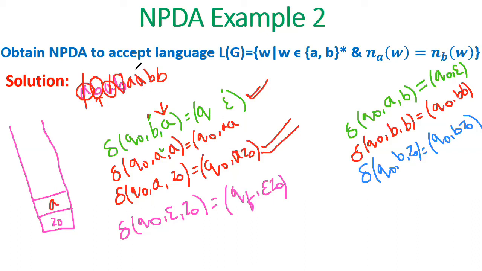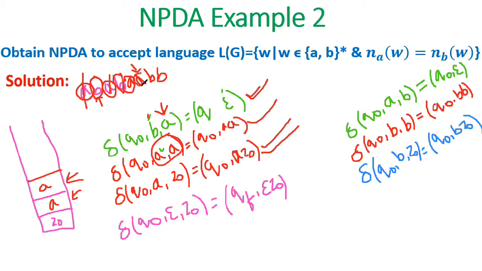Now, you have got one more A here as a new symbol. You will use this particular statement to push one more A onto the stack. You can see that the top of the stack was A and the new symbol that you read is A. That's why you have pushed it onto the stack using this statement.